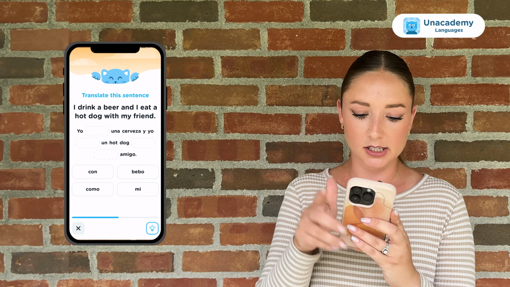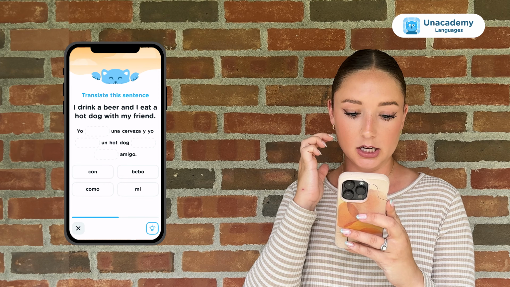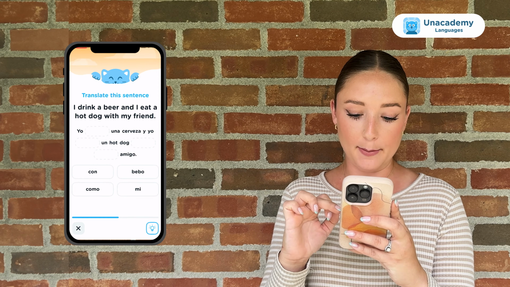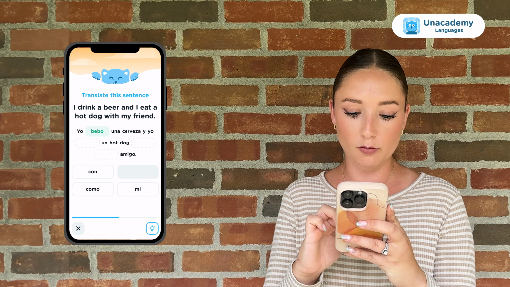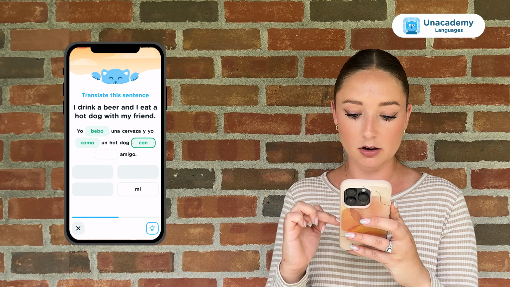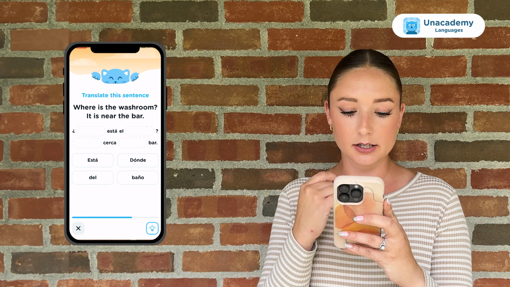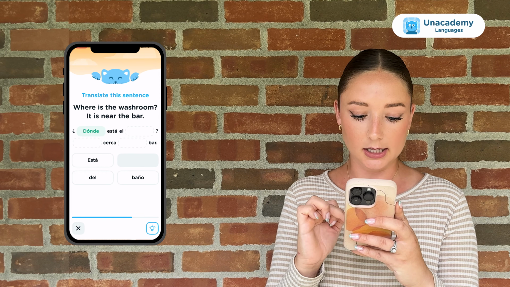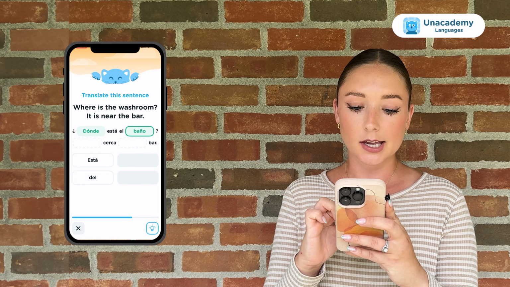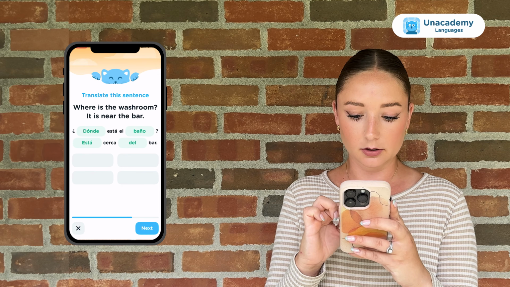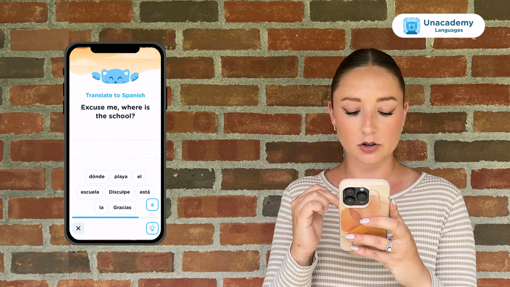All right, so I'm translating the sentence. I drink a beer and I eat a hot dog with my friend. Yo bebo una cerveza y yo como un hot dog con mi amigo. Okay? All right, translate the sentence. Where is the washroom? ¿Dónde está el baño? Está cerca del bar. It's near the bar. Translate the sentence.